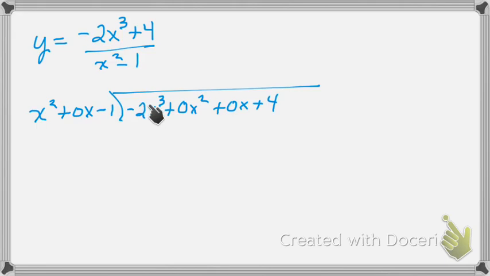What times x squared will give me this? Negative 2x. What do I do with a negative 2x? Multiply it times all three of these and put it underneath. So I'm going to have a negative 2x cubed, a 0x squared, and a positive 2x. What's the next step? Change your signs.